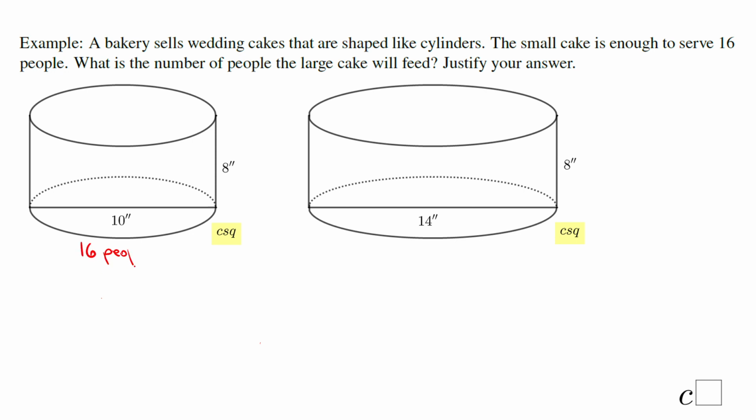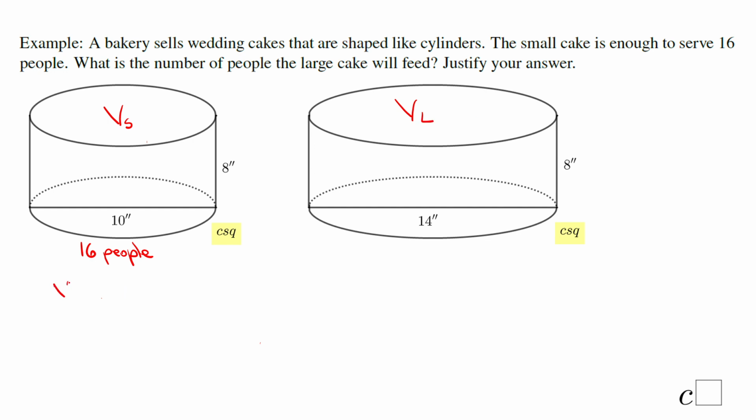We're wondering how many people we can serve with this one. So first of all, what do you think we need to find out here to get what we are asked for? We need to find the volume of this small cake and also the volume of the large cake. Both of them are cylinders.